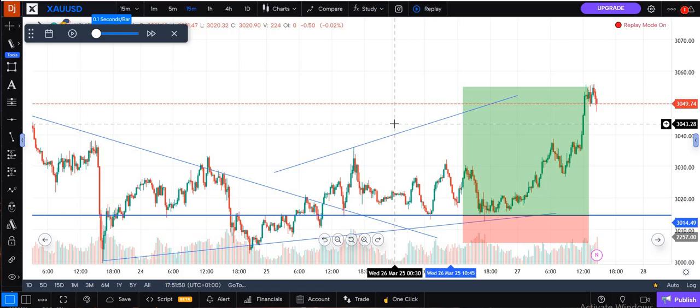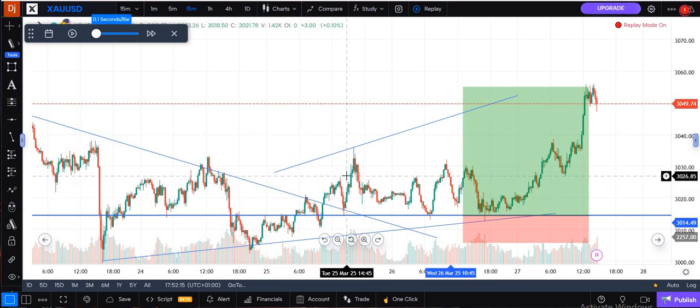People ask me why I don't do smart money concepts and fair value gaps. The thing is, fair value gaps work, yes, but not always. Sometimes the market might not even touch the fair value gap.